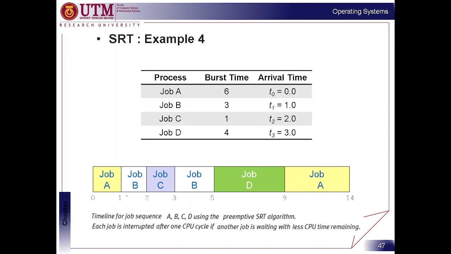So then at time 1, job B will be available too, because the arrival time is 1. So right now we have job A and job B available. So we will compare the burst time. Because job B has smaller burst time than job A, we will execute job B for 1 unit of time. Why didn't we execute this process until it finished?